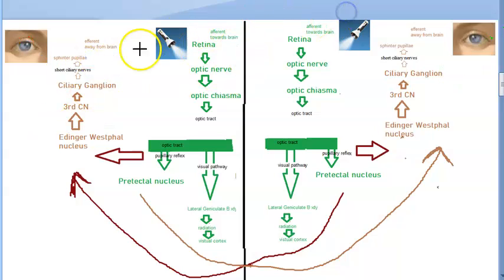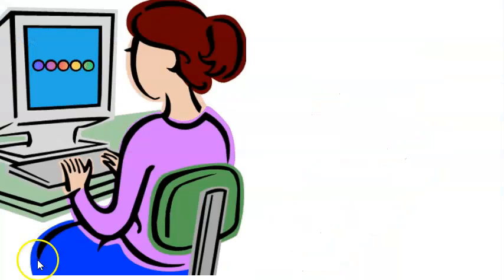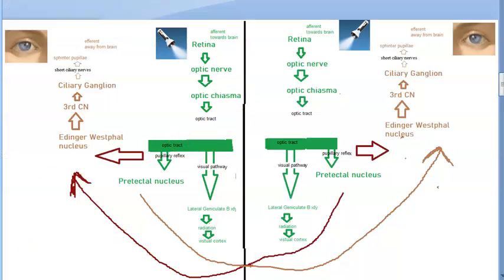But here, the condition is very different in Marcus Gunn pupil. So in Marcus Gunn pupil, as the afferent has an issue, let us say this afferent has an issue here. So information will not go to this side, so this will not constrict. Information will not go to this side, so this will also not constrict. Both will not constrict, right? But what will happen if you put light here? See, there's a lesion here. Both did not constrict.